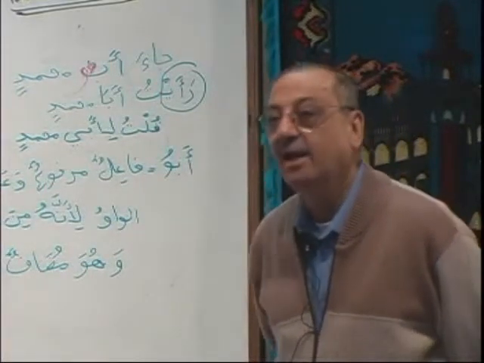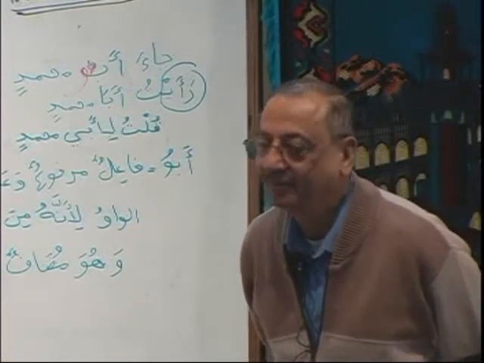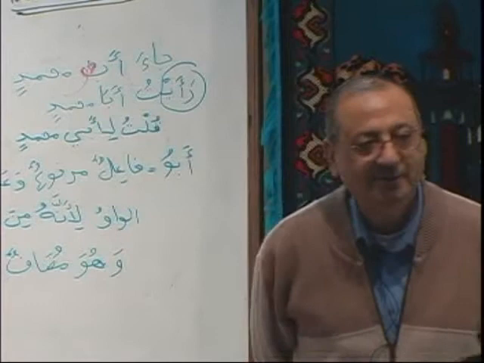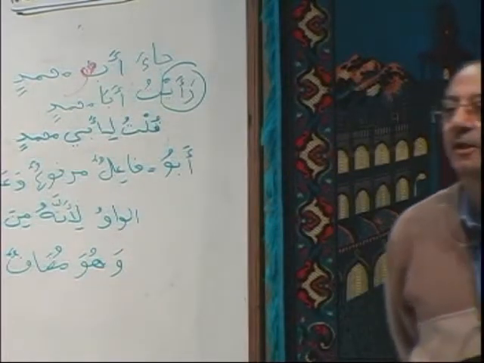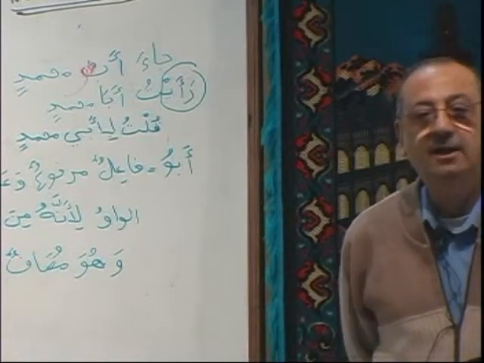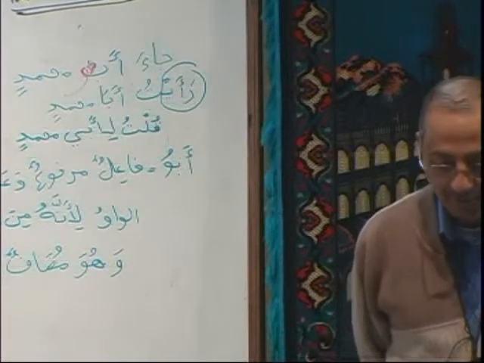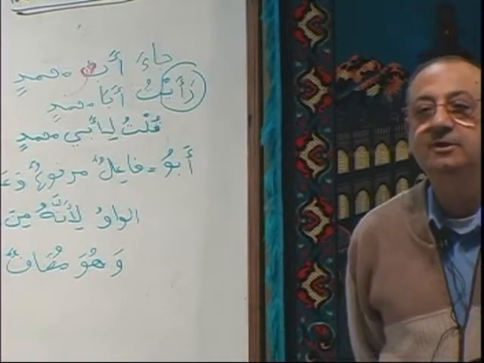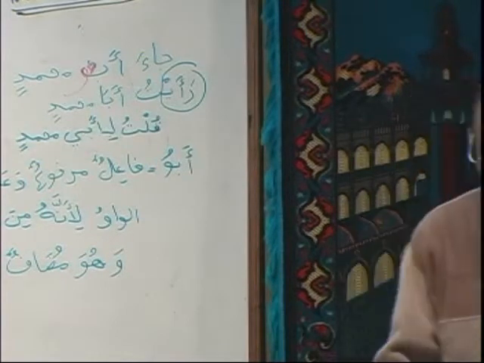We'll be repeating it. And then what will you say after that? Wa huwa mudaf. That's all, brothers and sisters. If you write down a couple of times at home, and if you come regularly to the class, you will be hearing it so many times that inshallah you will not miss out anything.